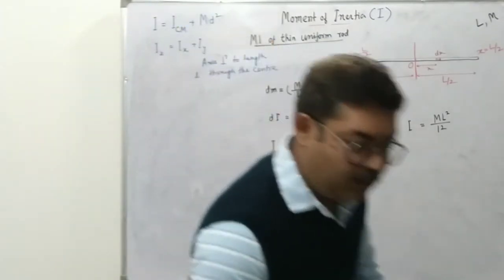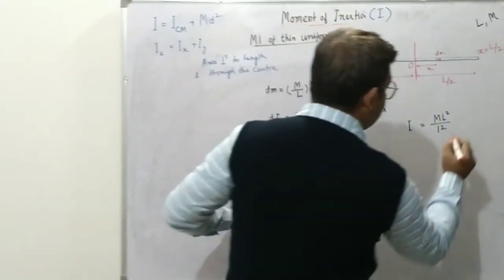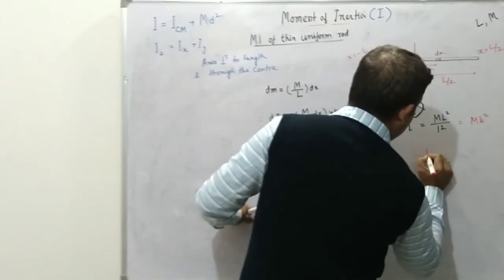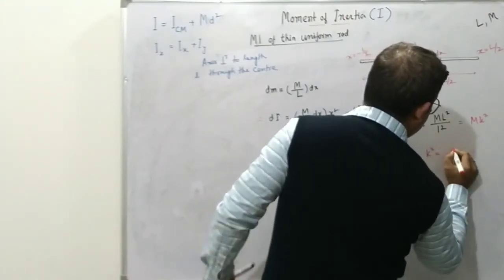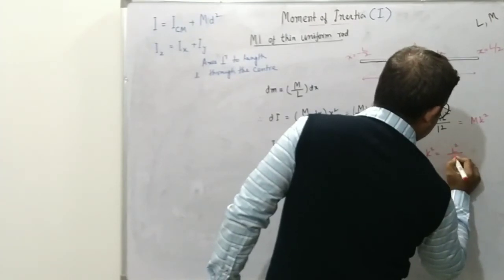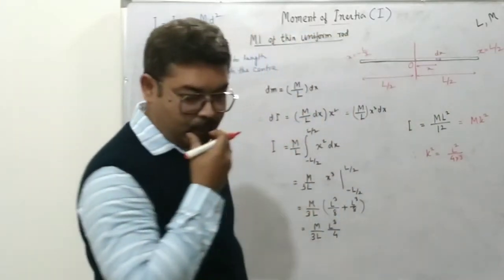And for radius of gyration, this must be equal to M k squared. Therefore, k squared must be equal to L squared by 4 into 3, right?